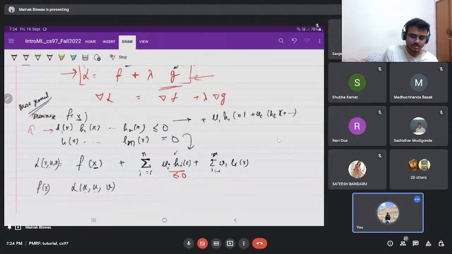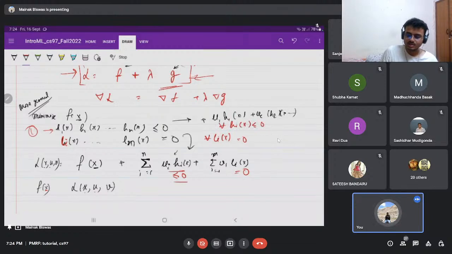From this one, all the h i are less than or equal to 0 and all the l i are equal to 0.